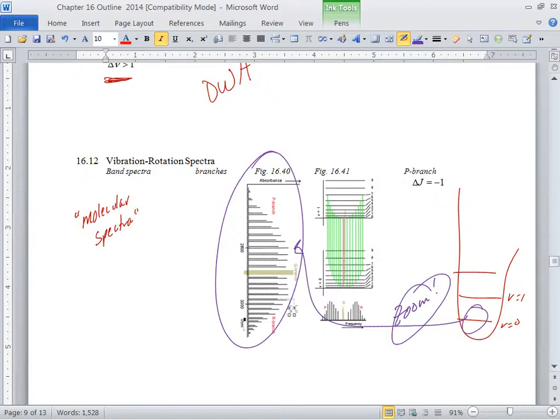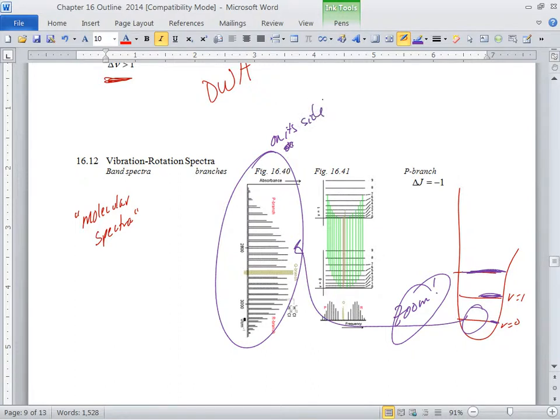Each set of vibrational energy levels, these guys, has their own complete band of rotational spectra. There's a lot of structure there that you can take a look at. And the reason why I think this plot is on its side is to get across a point.